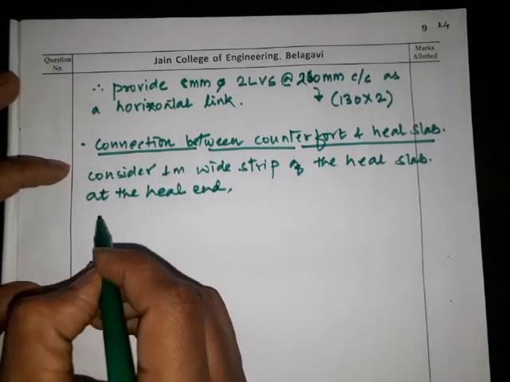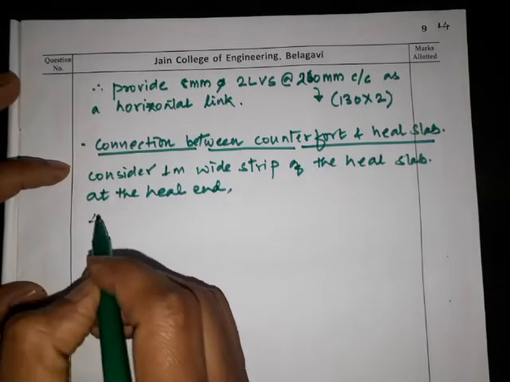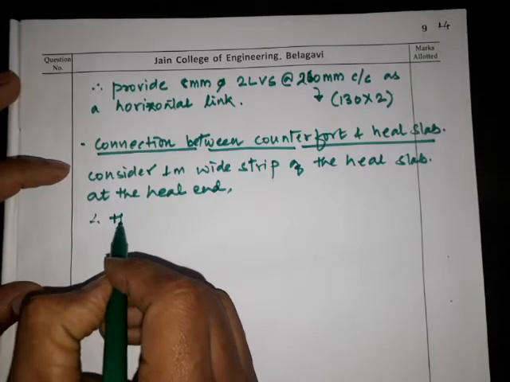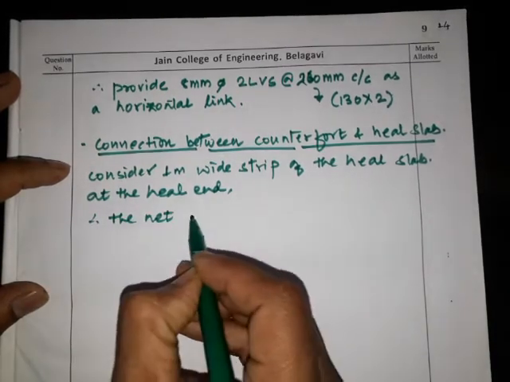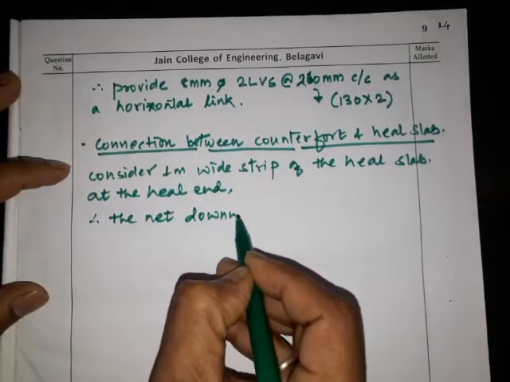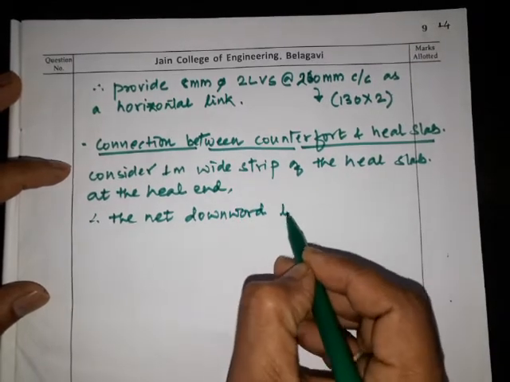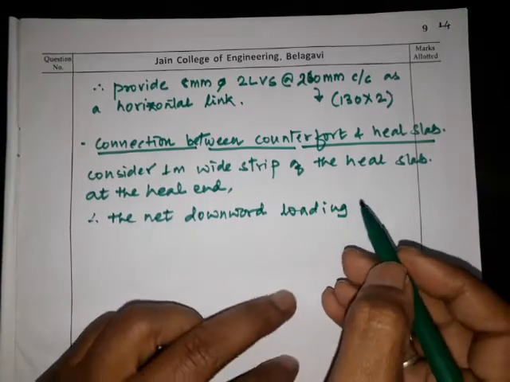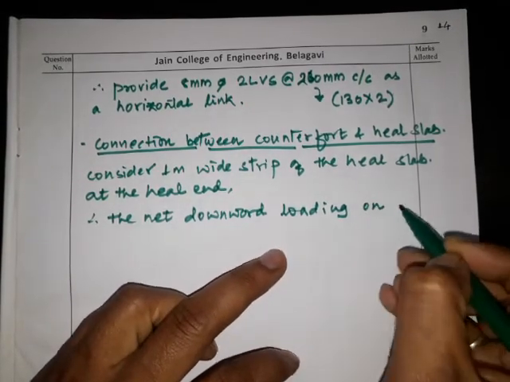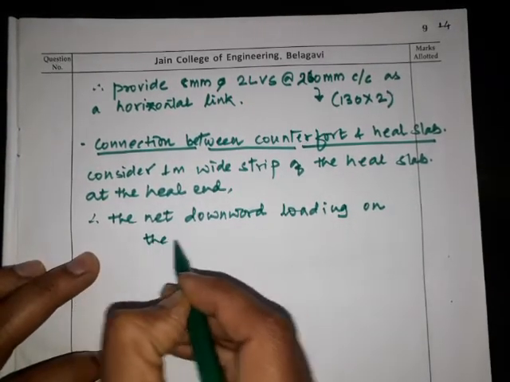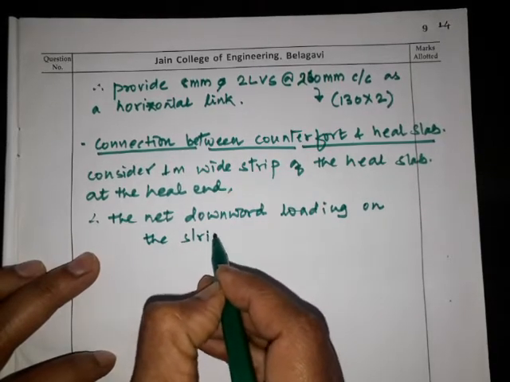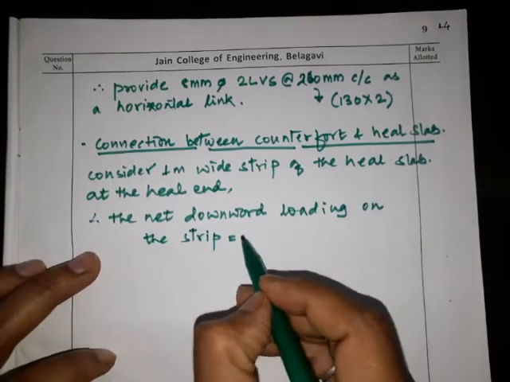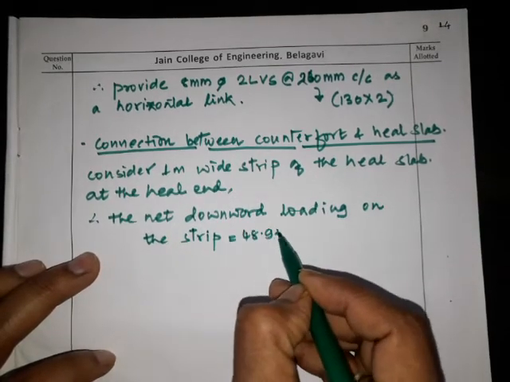So therefore the net downward loading on the strip is equal to 48.93 kilonewton.